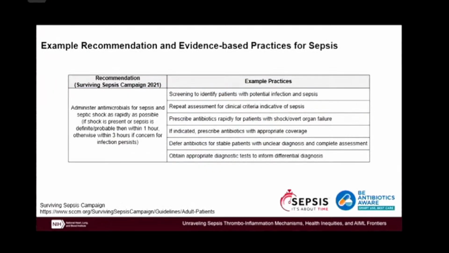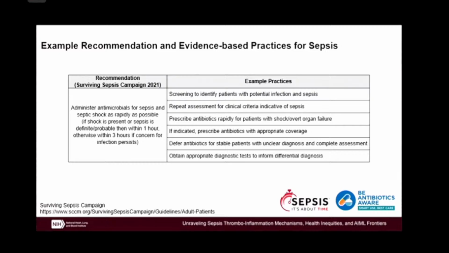Just to drive this home a little bit, I wanted to talk through the antibiotic example in more detail. How we've thought about this in terms of antibiotics for sepsis is that we want to start from a recommendation with fairly strong evidence. Here on the left, we see the revised recommendation in the Surviving Sepsis Campaign 2021 guidelines.